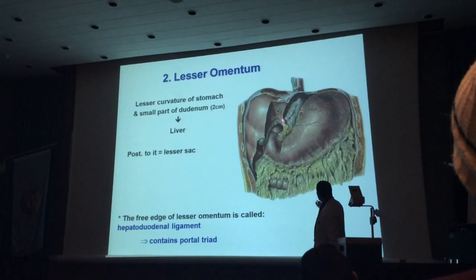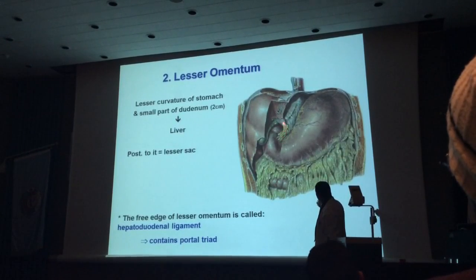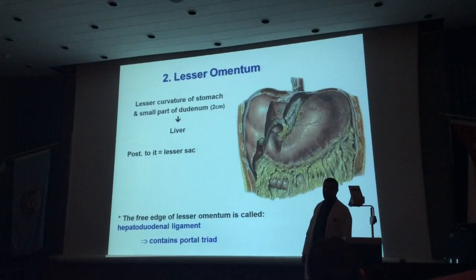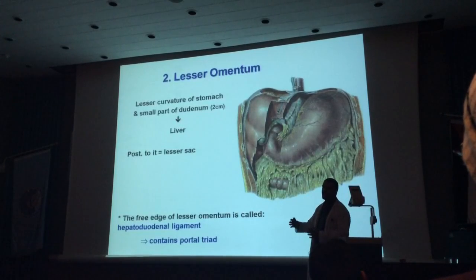If you bring a blade and cut through this part of peritoneum, inside it you will find the portal triad passing there, between the two layers of the free margin of the lesser omentum, the hepatoduodenal ligament.